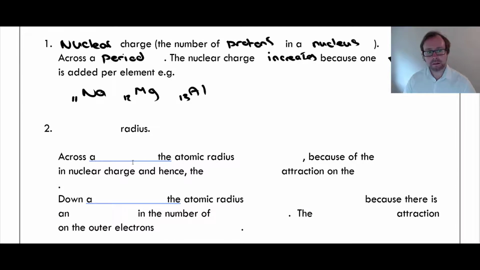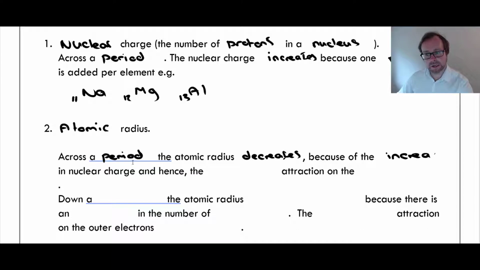Okay, so number 2, another factor which affects our ionization energy is our atomic radius. So across a period, the atomic radius decreases. And the reason why is because of the increase in nuclear charge. If we go back to our first one, we said that nuclear charge increases across the period.